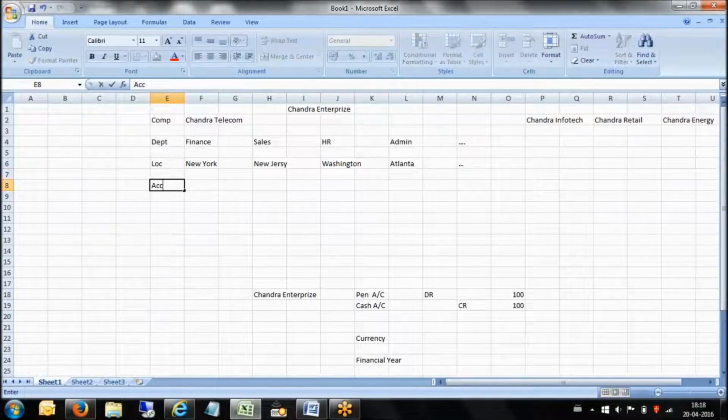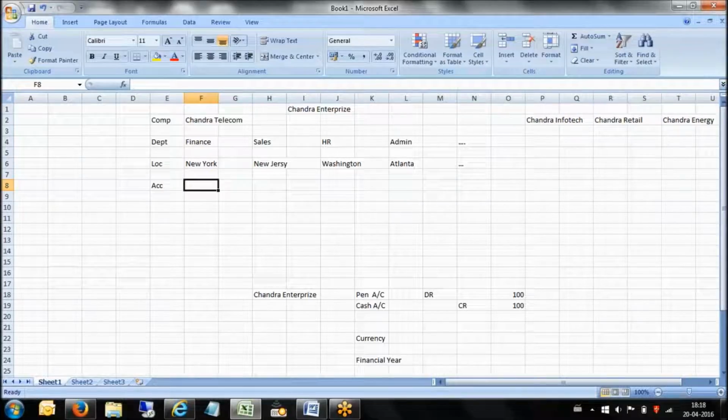Then I have accounts. I'll just write down the names based on the nature of accounts, though in a real-time scenario, you will find different names. I'm just writing down asset account. You won't find asset account as such. There will be some name, and the nature of that name or object will be asset. Like if you have a car, machinery, or AC, those will be the actual names, but the nature of those names or objects will be asset.